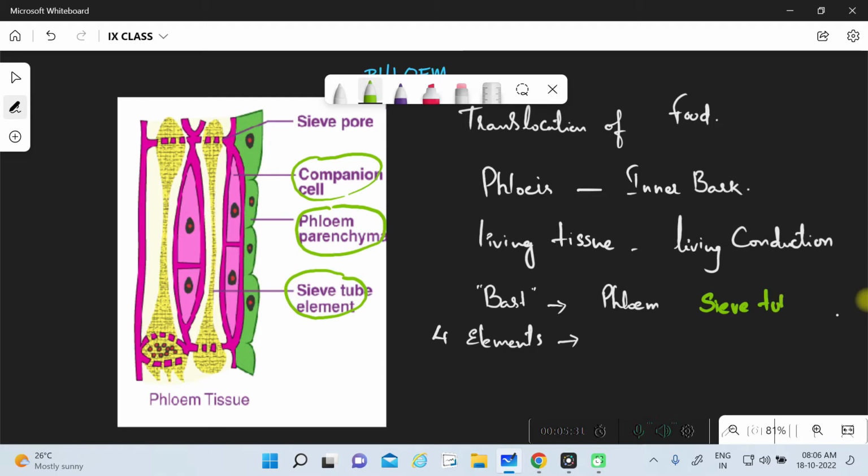Means you can categorize the elements of phloem into four: one is sieve tube, second is companion cells, third is phloem parenchyma, and again phloem sclerenchyma. The phloem sclerenchyma is also referred to as phloem fibers.